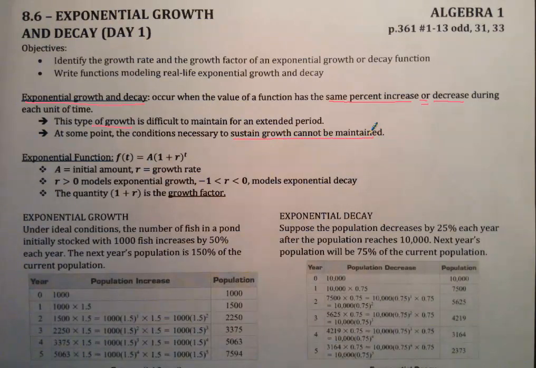Then we have an exponential function and all of the parts here to this exponential function. So we have f of t equals a times the quantity 1 plus r to the power of t. Notice that we're using function notation, and whatever value we're putting here, so this is t, it's the same as our exponent. So sometimes if we use t, we might be talking about time.